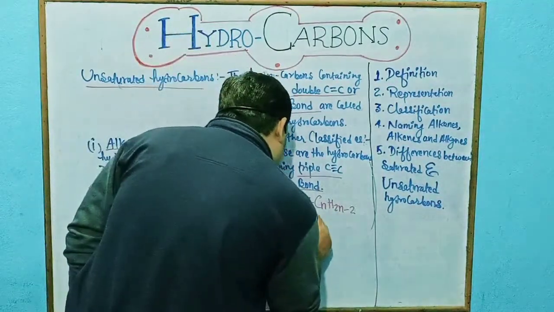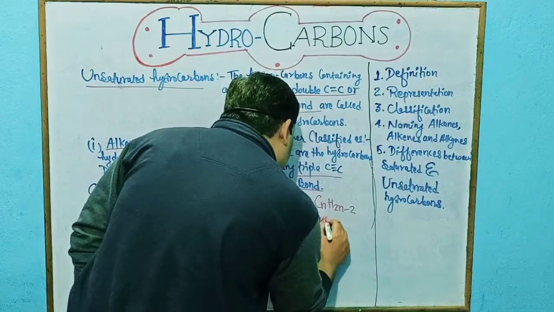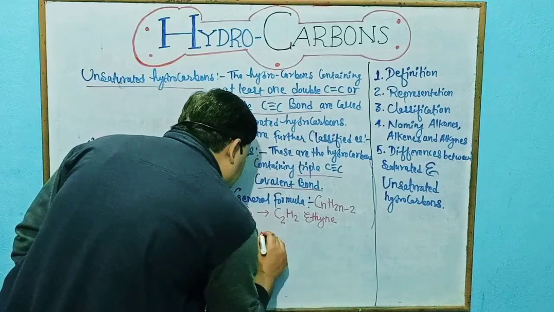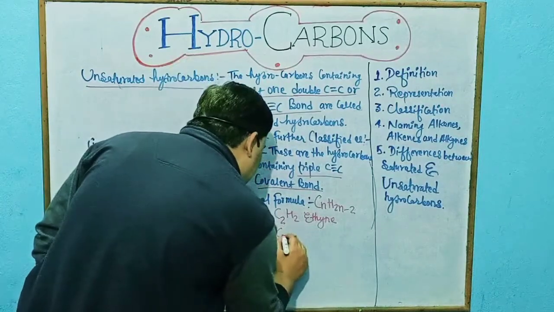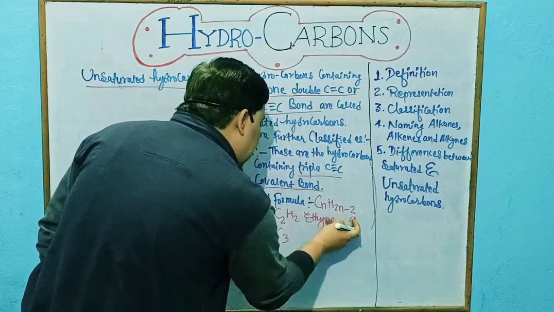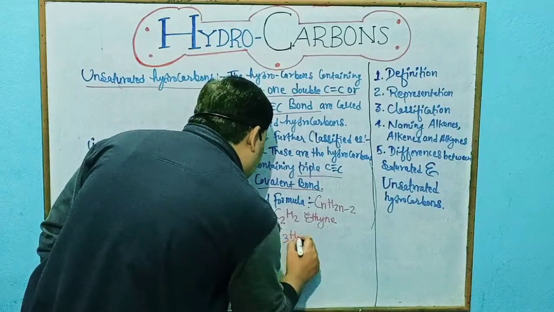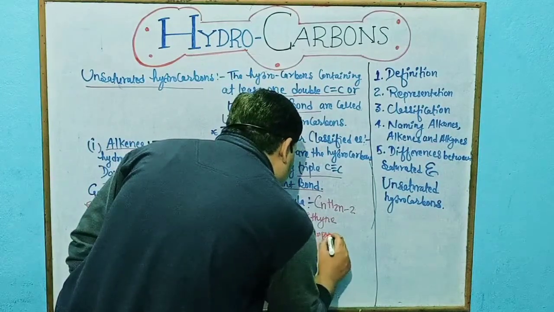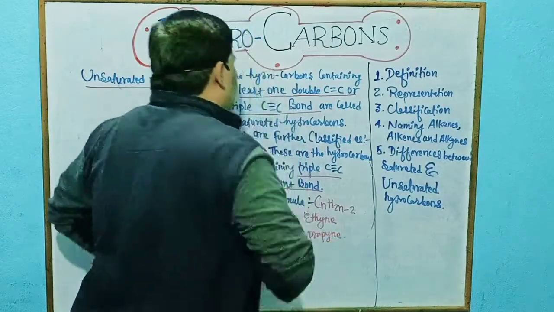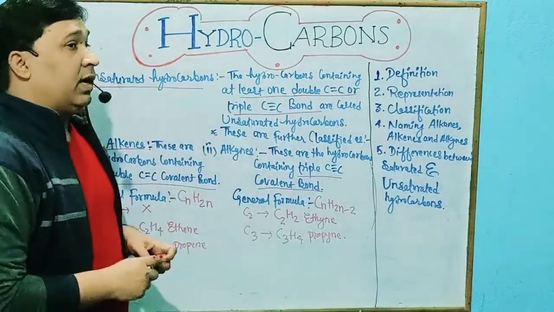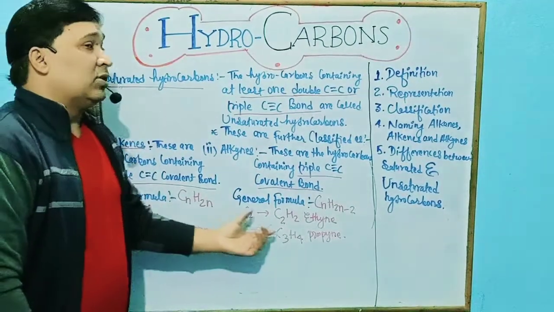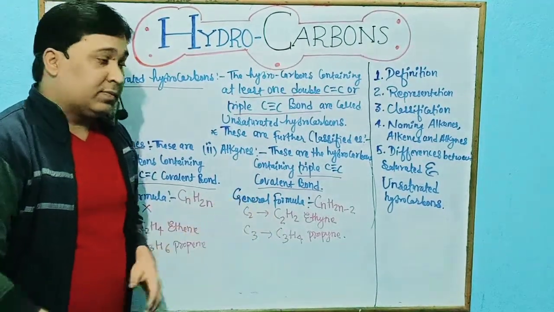It is ethyne. When the number of carbon atoms is 3, it is C3, again 3 twos are 6 minus 2, that is H4. It is propyne. In this way, you can write the molecular formula of these unsaturated hydrocarbons using these general formulas, right?